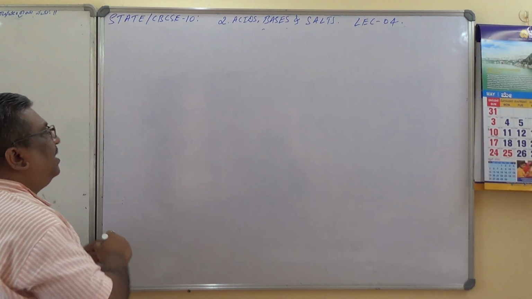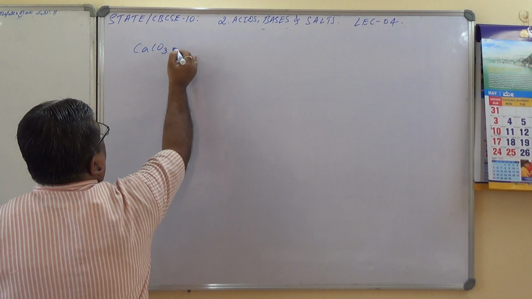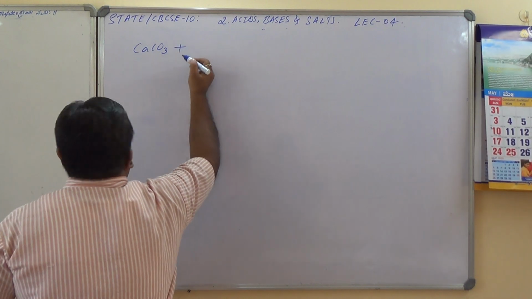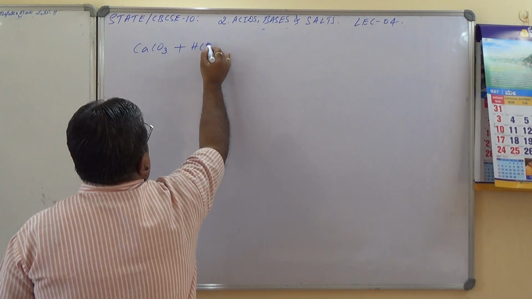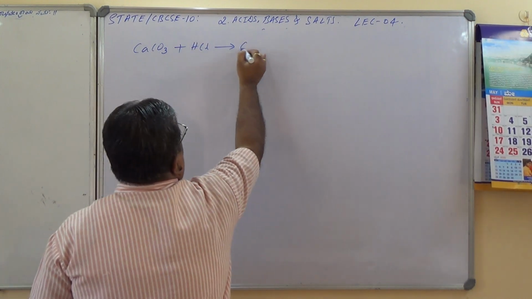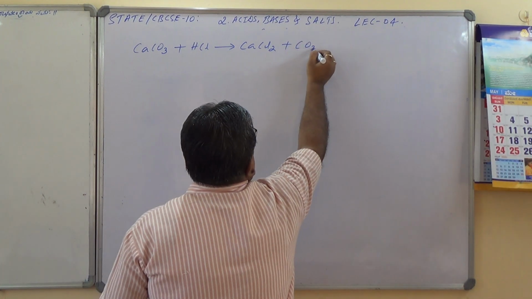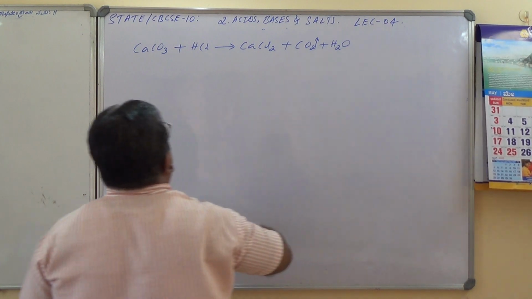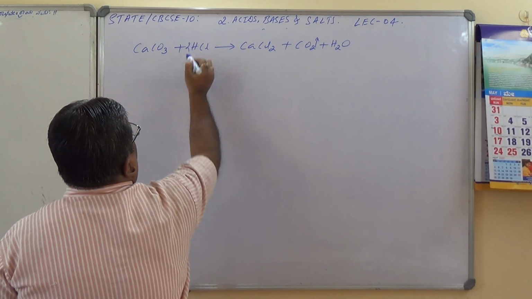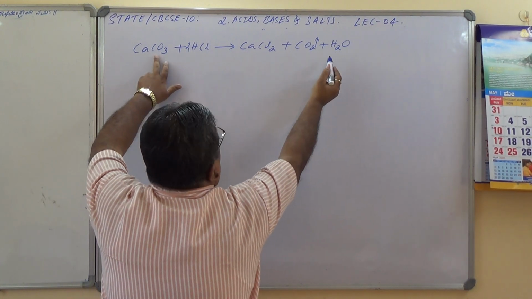He says metal A is calcium carbonate here, CaCO3, plus which acid? Dilute HCl, hydrochloric acid, results into CaCl2 plus CO2 plus H2O.